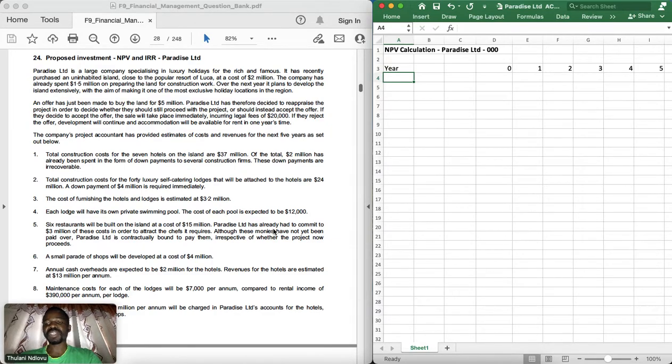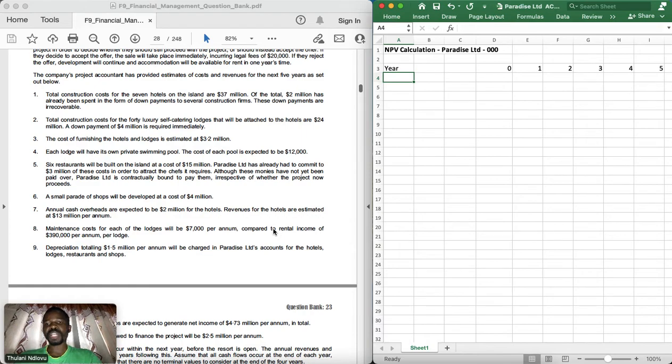If they reject the offer, development will continue and accommodation will be available for rent in 1 year's time. The project's accountant has provided estimates of costs and revenues for the next 5 years as set out below. This 5 years is a very important number, as our project should run only for 5 years.